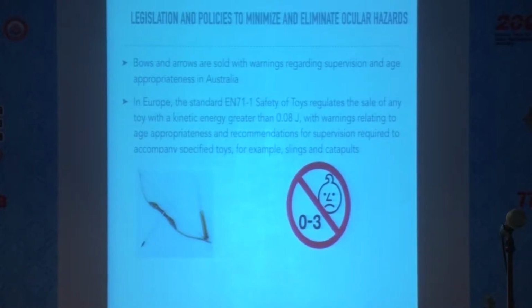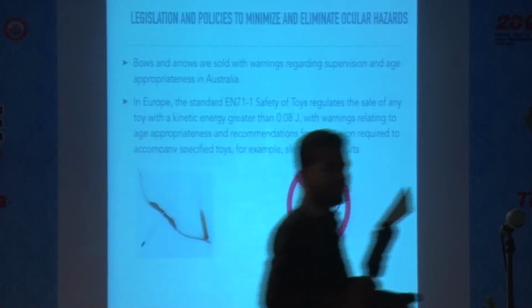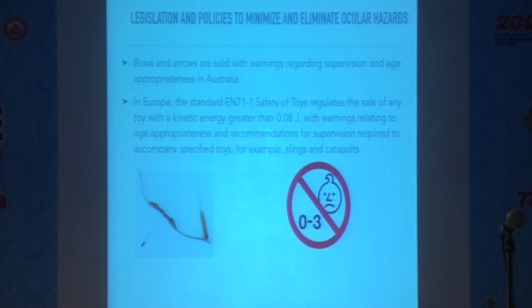In Australia, they have rules with warning signals, supervision and age appropriateness. Europe has standards for toys: if the kinetic energy of a toy is more than 0.08 joules, it comes into a separate category where only a separate age group can use it. I think these are things which India has to adopt.